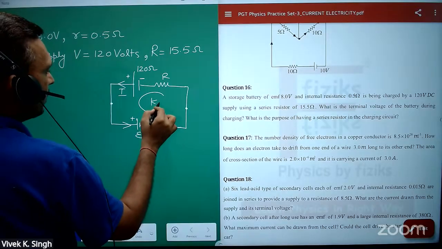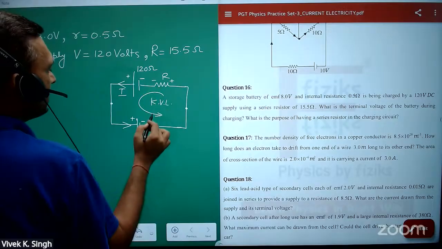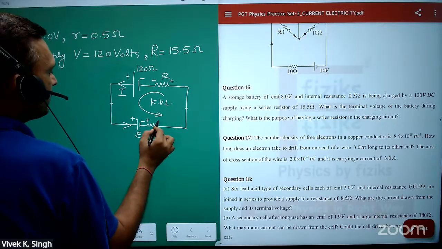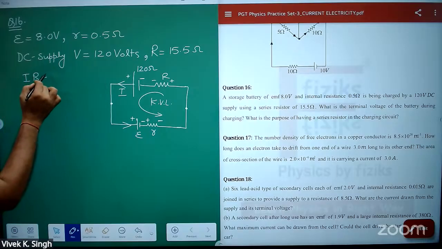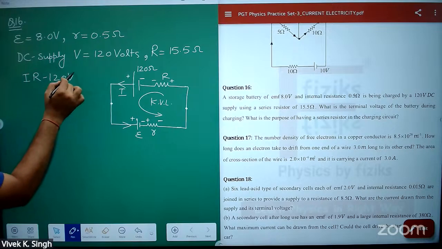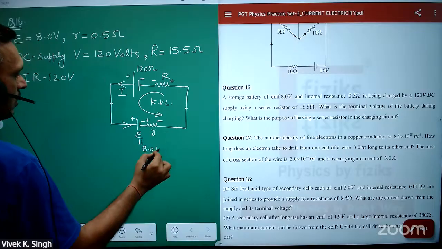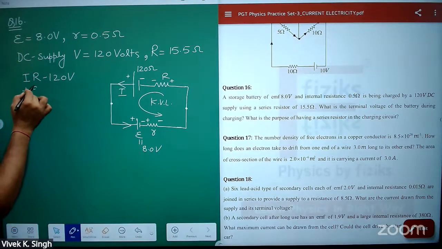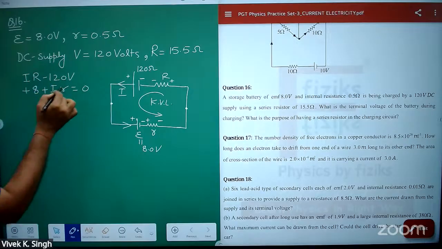Let's apply KVL. So this will be plus minus, according to the direction of current. So you will get I into R minus 120 volt plus E, which is 8 volt, plus I into r is equal to 0.